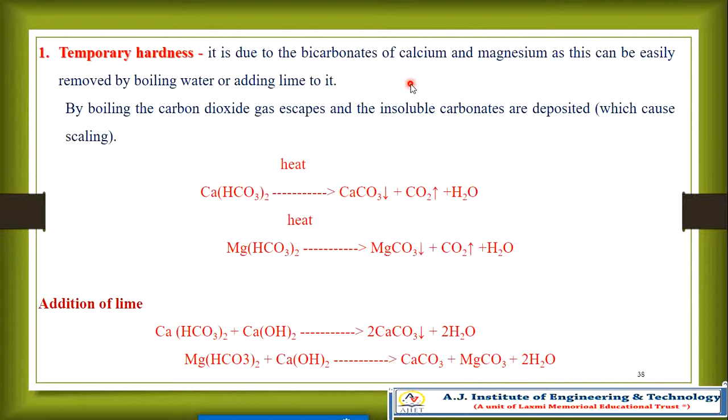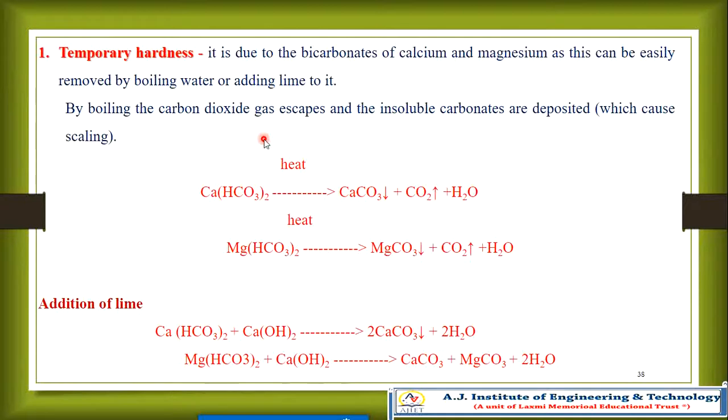By boiling, the carbon dioxide gas escapes and insoluble carbonates deposit, which causes scaling. So if you boil hard water, the carbon dioxide gas will escape, and you can see the scaling, a white layer, formed.